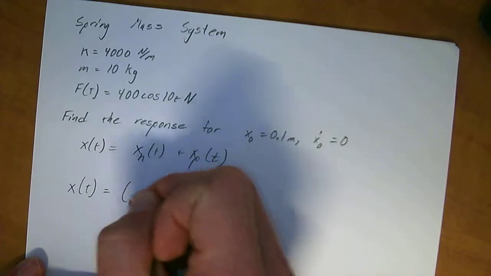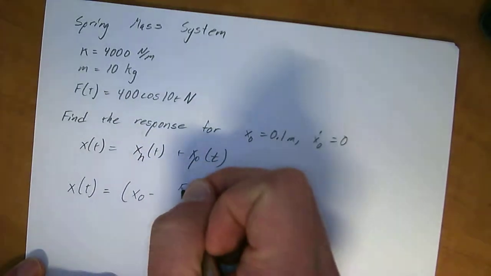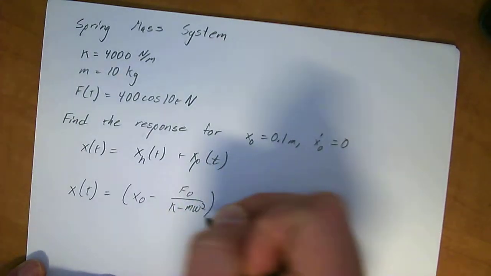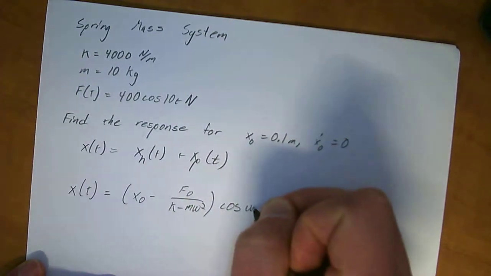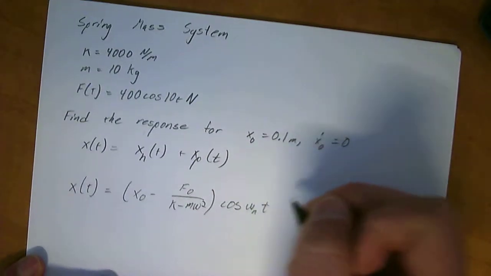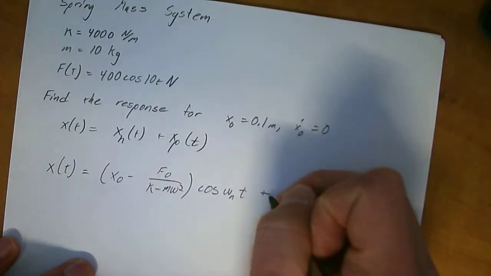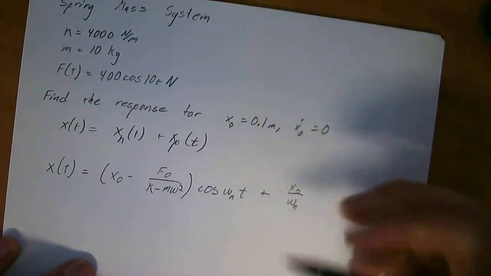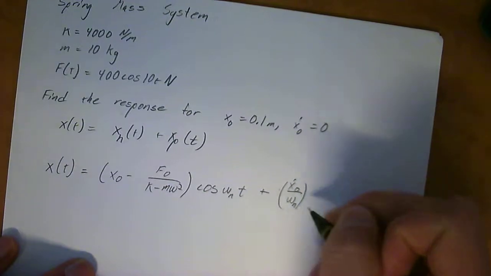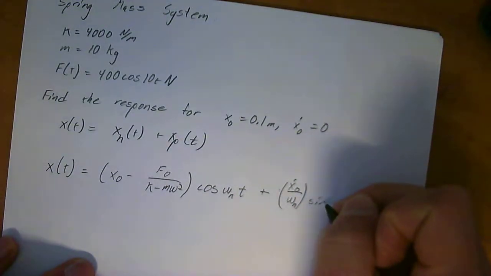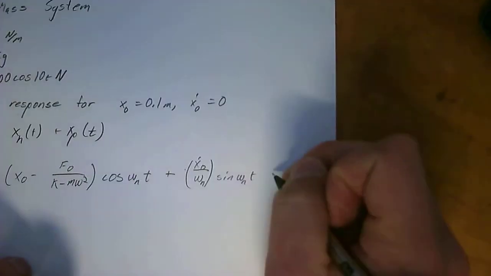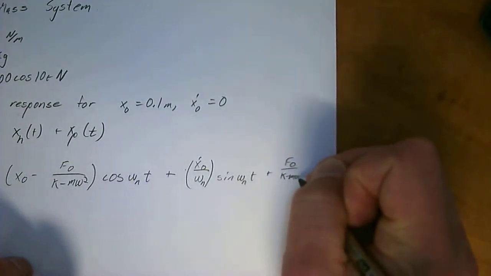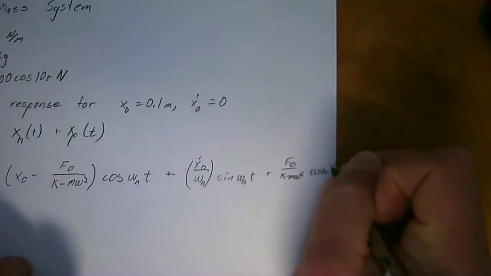You can skip to this equation: x naught minus F naught over k minus m omega squared, cosine of omega n t, plus x naught dot over omega n sine of omega n t, plus F naught over k minus m omega squared cosine of omega t.